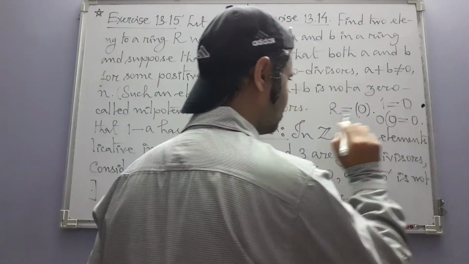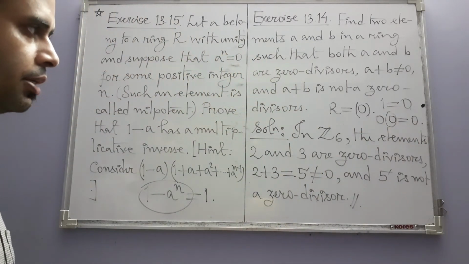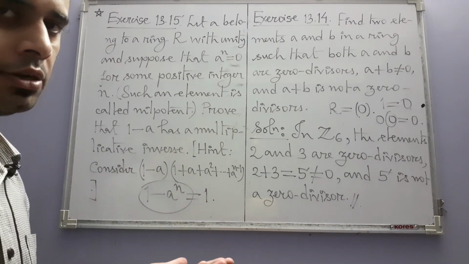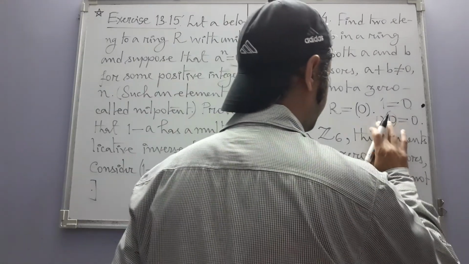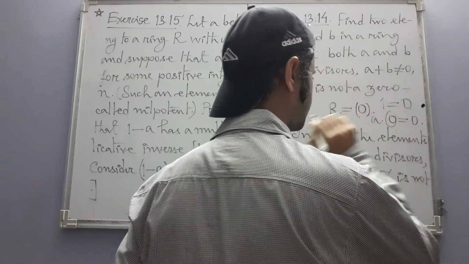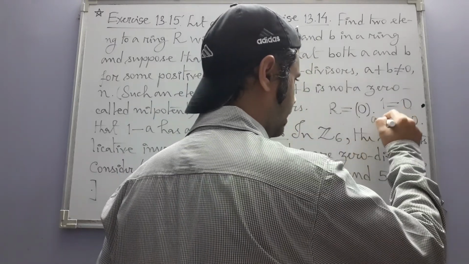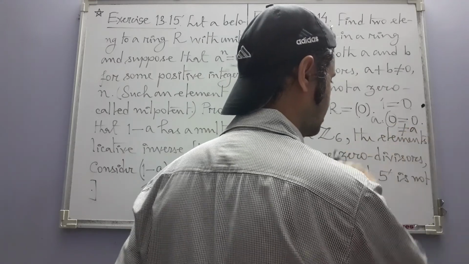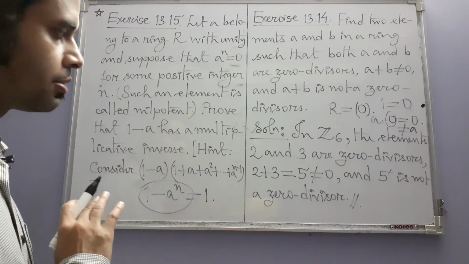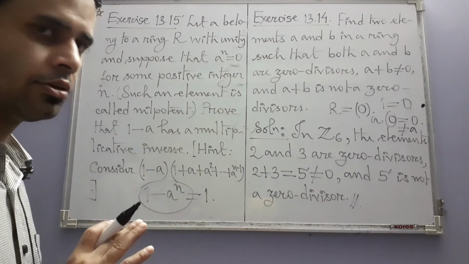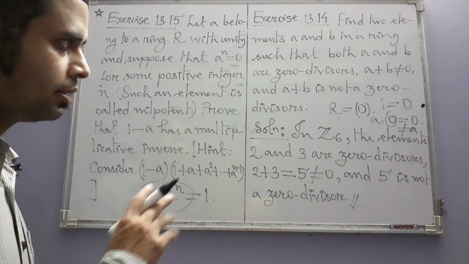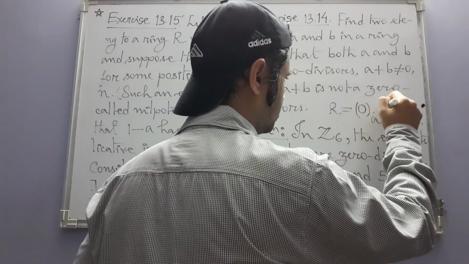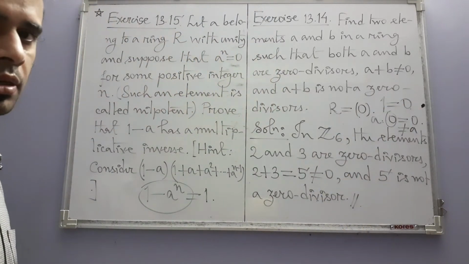So 0 is in fact playing the role of a unit element, and this is not possible in a ring having more than a 0 element, simply because if you have a non-zero element in your ring, say a, then a times 0 is equal to 0 by ring property, so that can never be equal to a because a is non-zero. So in a non-zero ring, the unit element and the 0 element are different, but in the 0 ring, if you allow this interpretation, the unit element can be considered as 0.